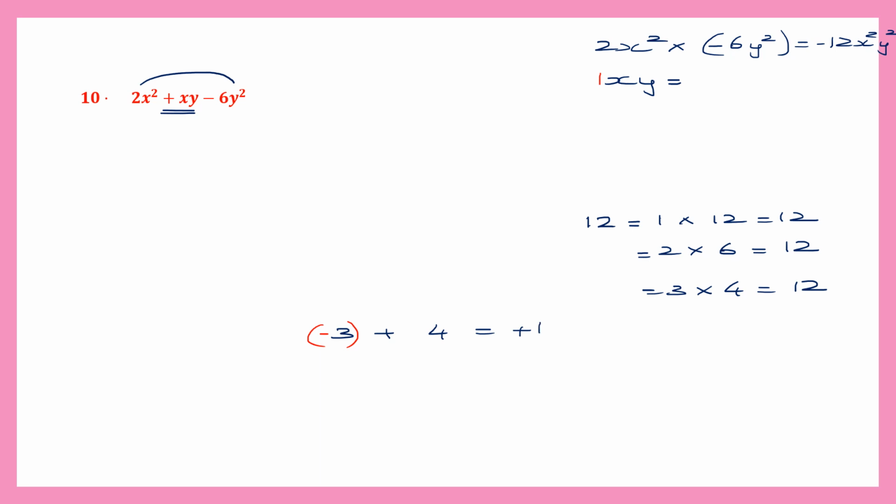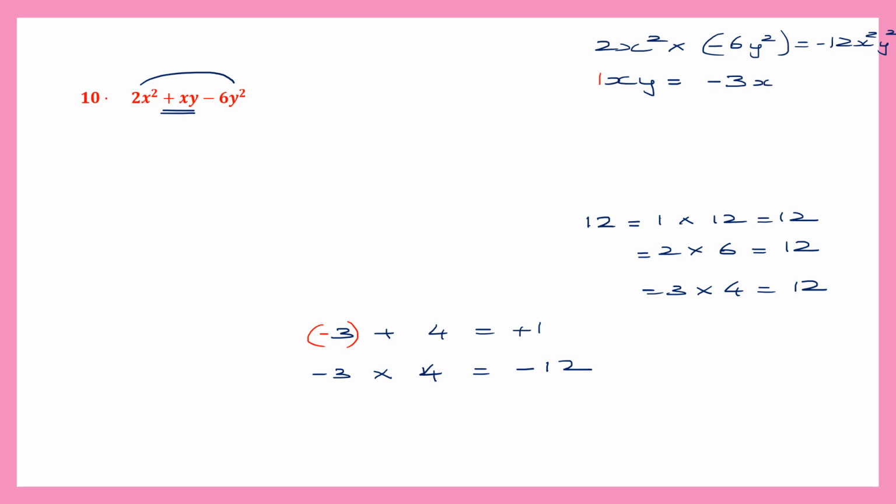So minus 3 plus 4 will give me 1. Now let me multiply and see whether I'm getting minus 12. Minus 3 into 4, minus into plus is minus, 3 4s are 12. So can you see, when I add these two numbers, I get 1, and when I multiply, I get minus 12. So these are the numbers I can split this into. Let's write that: minus 1xy is minus 3xy plus 4xy.